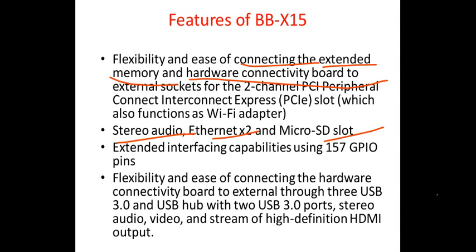So you can have the extended operation up to 157 general purpose IO pins. Flexibility and ease of connecting the hardware connectivity board to the external through USB 3.0 and USB hub with 2 USB 3.0 ports, stereo audio, video and stream of high definition HDMI output. So these are some of the other features, right? Which you need to understand as long as the BeagleBone prototyping platform is done, right?